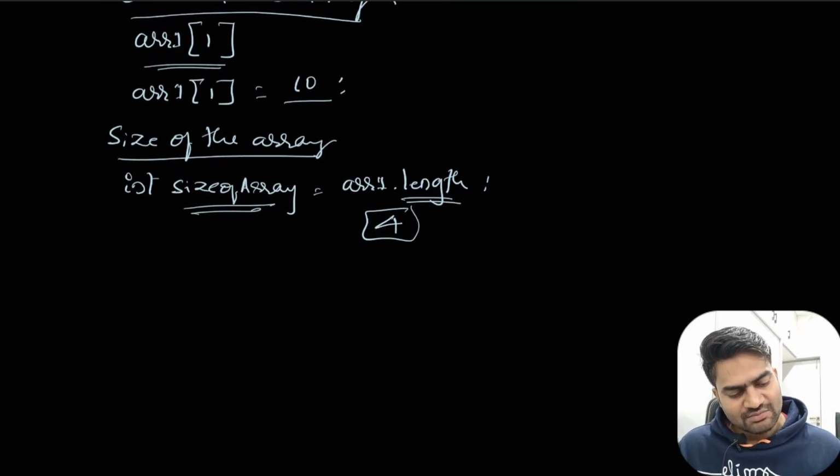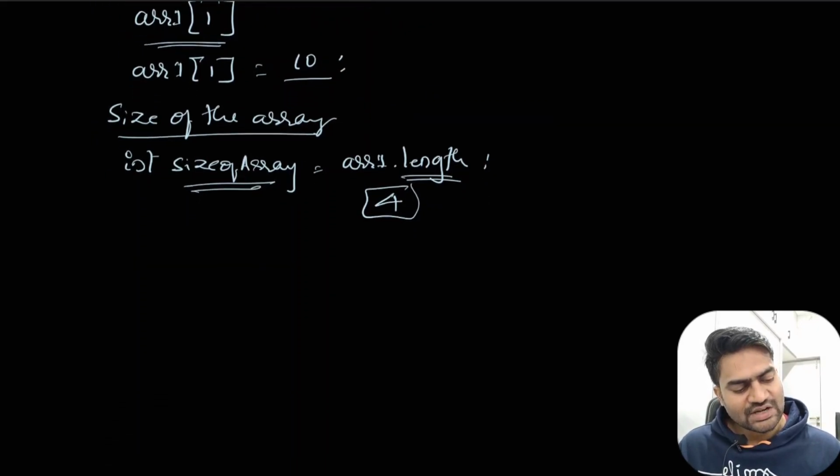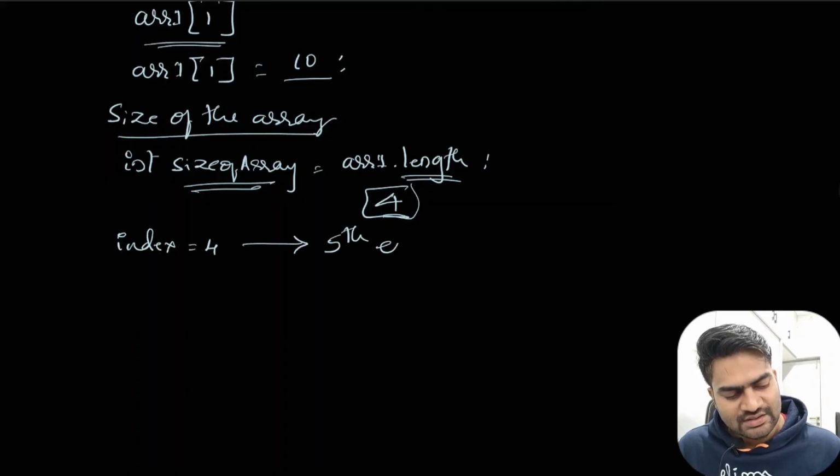Now assume I am trying to access the elements. There are only 4 elements in the array, but now I will try to access a non-available index, maybe the 5th element. So index equal to 4 means the 5th element. Say for example arr1 of 4.